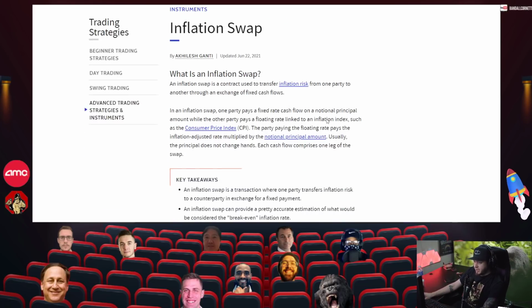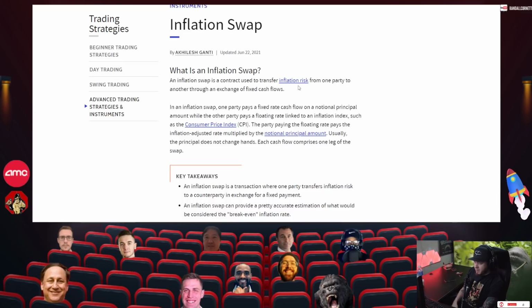An inflation swap, what is an inflation swap? An inflation swap is a contract used to transfer inflation risk from one party to another through an exchange of fixed cash flows. In an inflation swap, one party pays a fixed rate cash flow on a notional principal amount, while the counterparty pays a floating rate linked to an inflation index, such as the consumer price index, or the CPI.